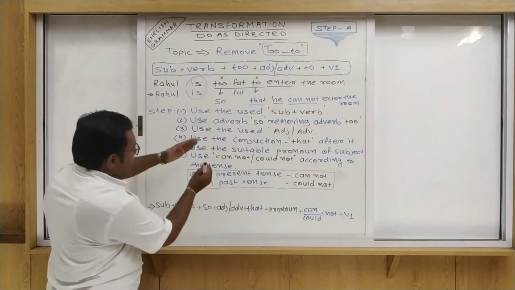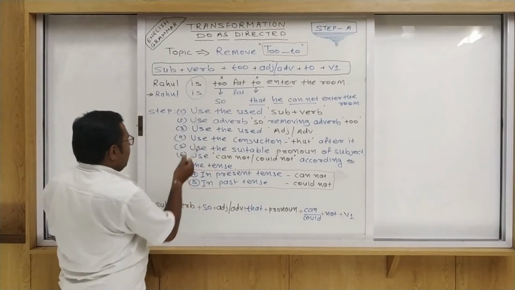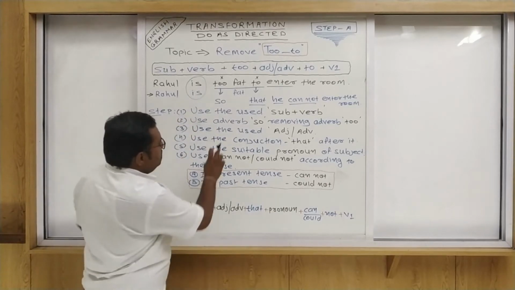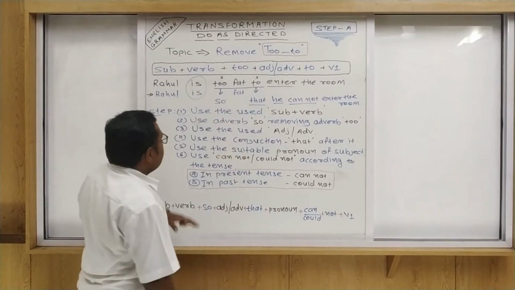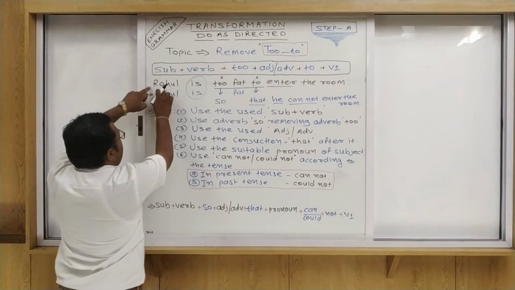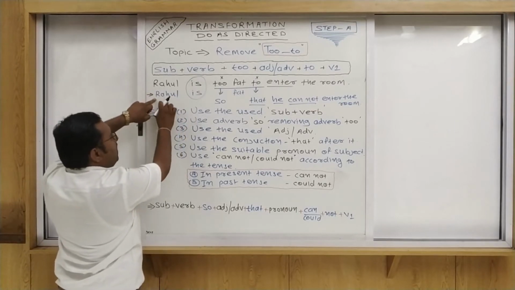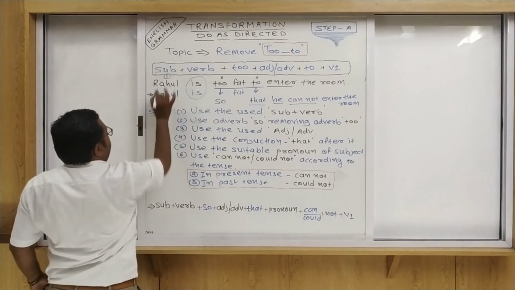That means we can try to understand it deeply. There are 6 steps here. Step number 1, use the subject plus verb. Suppose Rahul is given here, so we write the same thing, Rahul is. That is number 1.